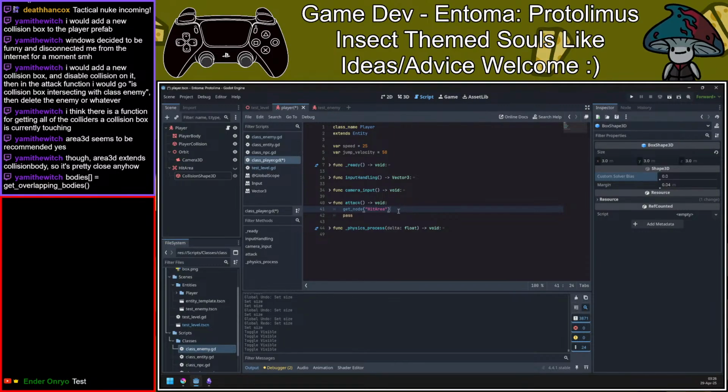What about bodies? I'm trying to figure out how to enable this. Oh, dot state maybe? No. Is enabled? Is physics interpolated and enabled? Hmm.